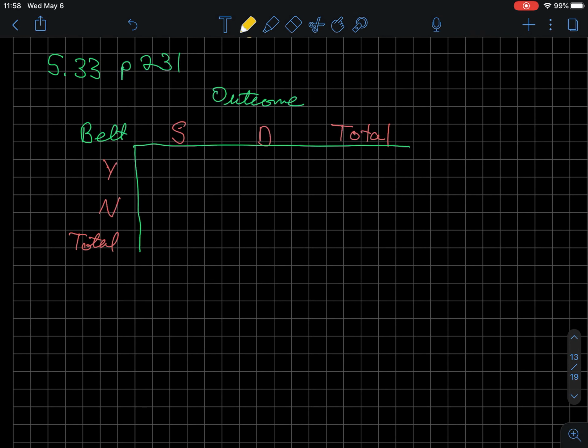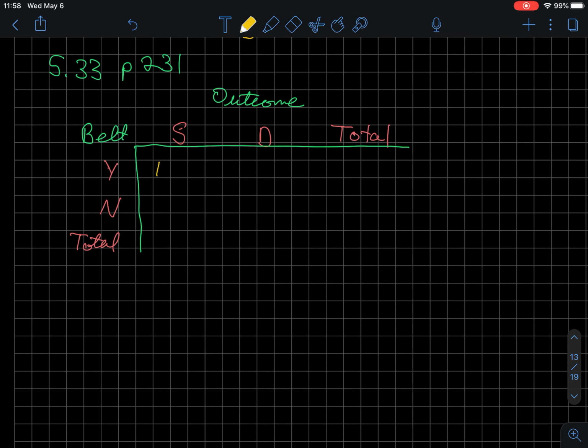So we put in for this first one, 412,368. For no, 162,527. And this is going to equal 574,895. This is 510. This is 1,601. And this is going to equal 2,111.